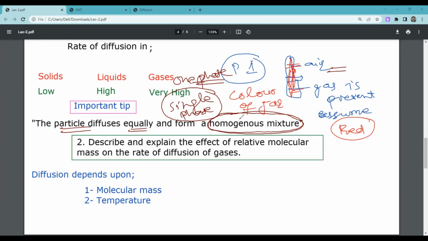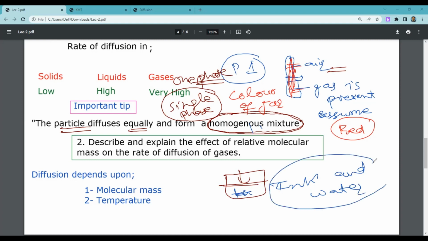Similarly, when we put a drop of ink in water, the whole color of the water turns blue. We cannot distinguish ink and water.